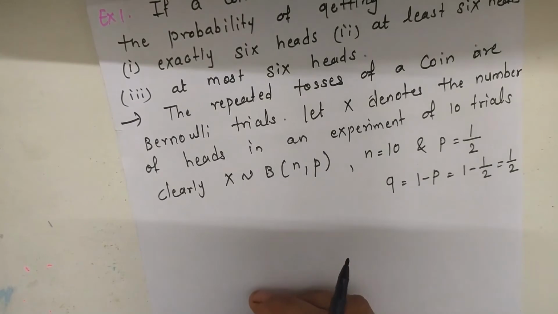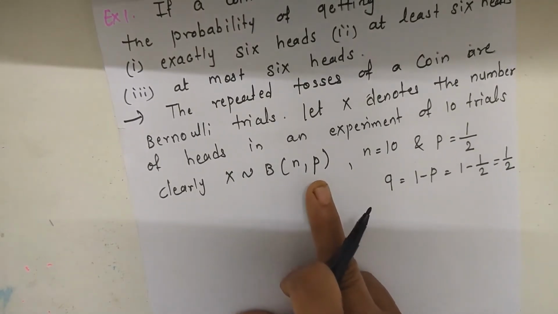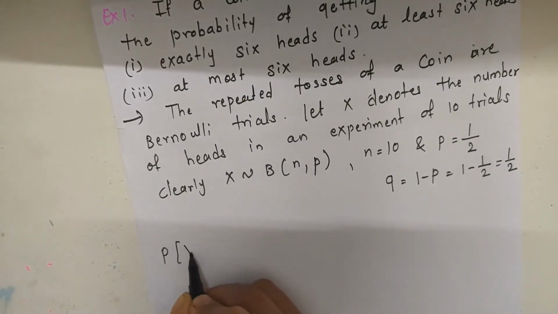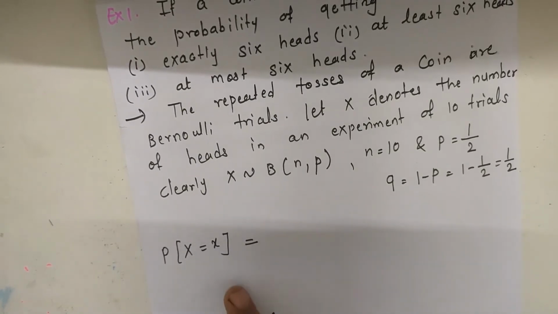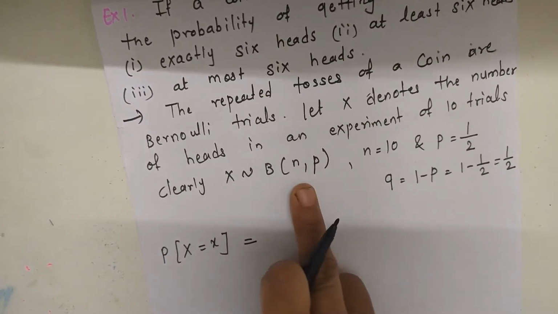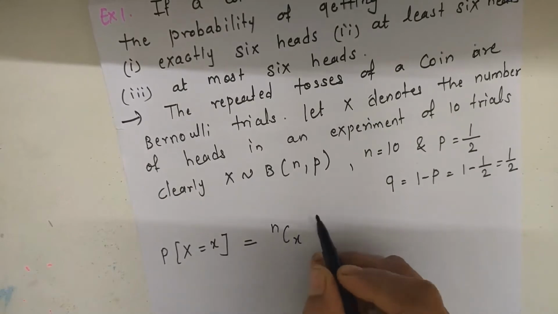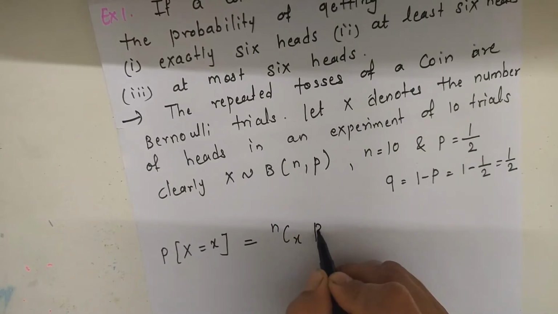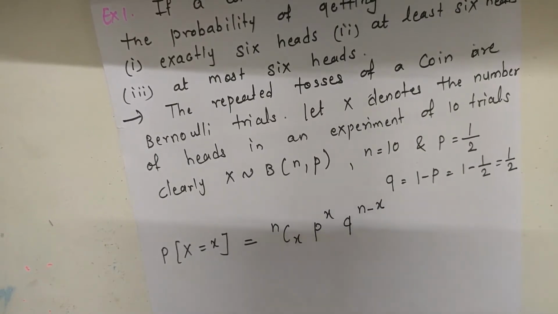Now here we have to find the binomial distribution with parameters n and p. So here we have to find the probability distribution for X equal to x, and the formula for this probability distribution with parameters n and p is given by nCx into p raised to x into q raised to n minus x.